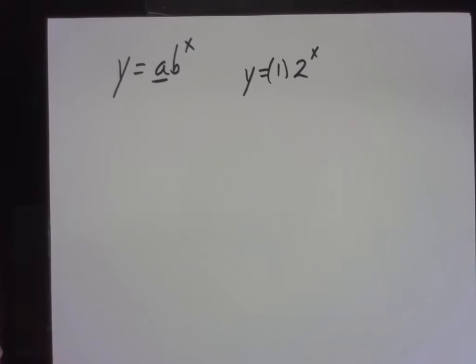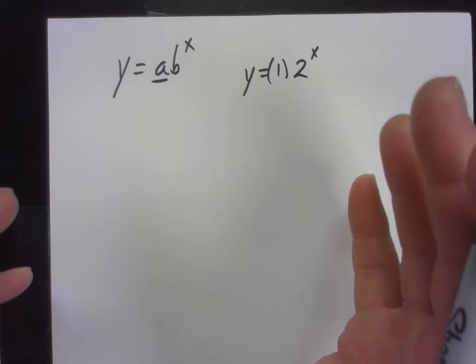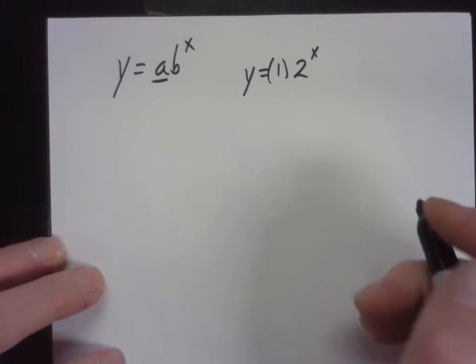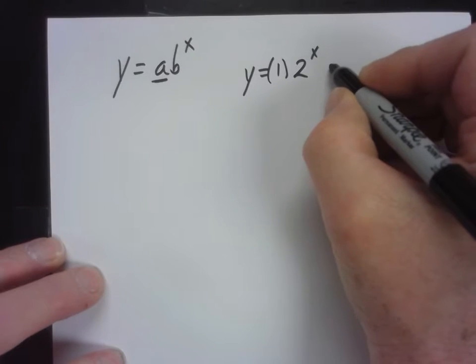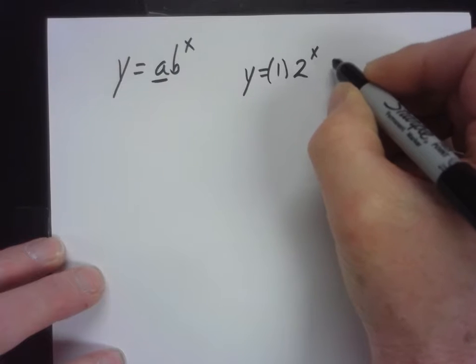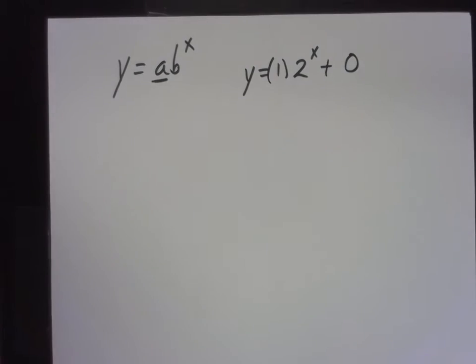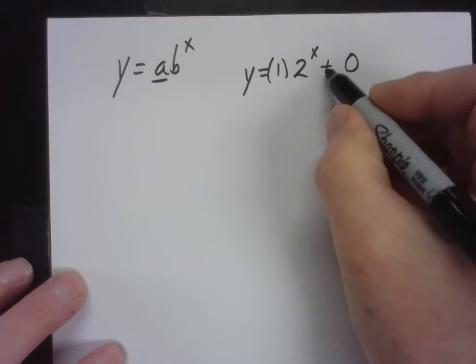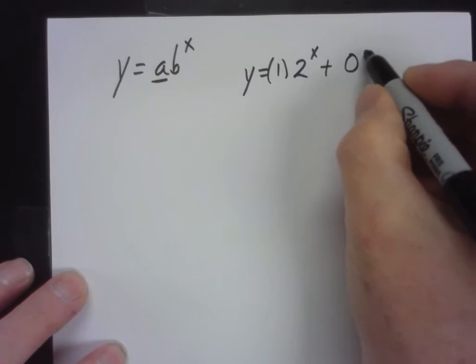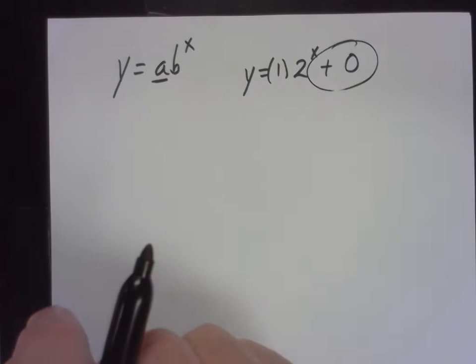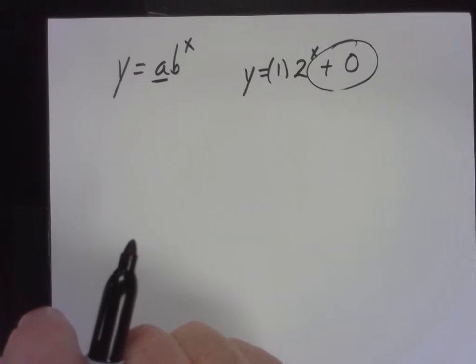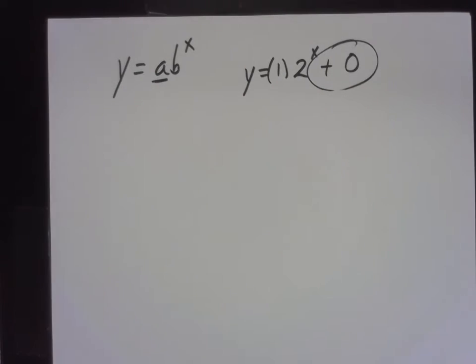We always have to think there's a number there, even if we're too lazy to write it. And then this deal over here, right now, I suppose we're saying plus 0, and the asymptote's 0, right? But if we have a plus or minus on the end, that's what's going to slide that graph up and down. That's what's going to change the asymptote from y equals 0 to something else, isn't it?